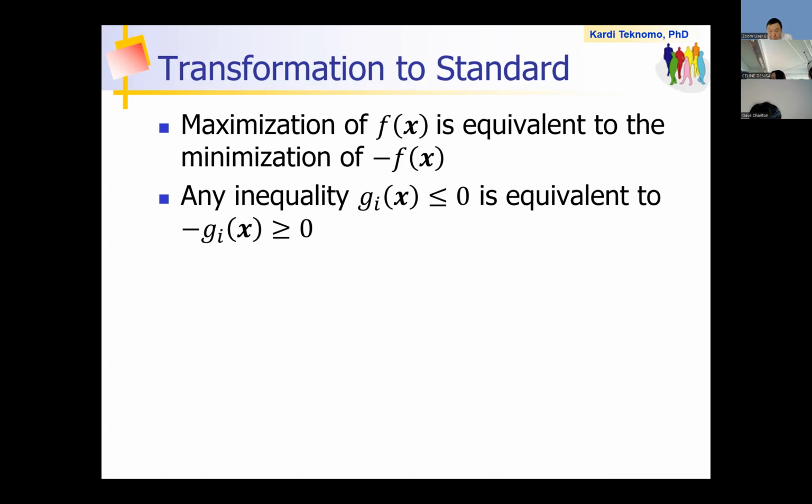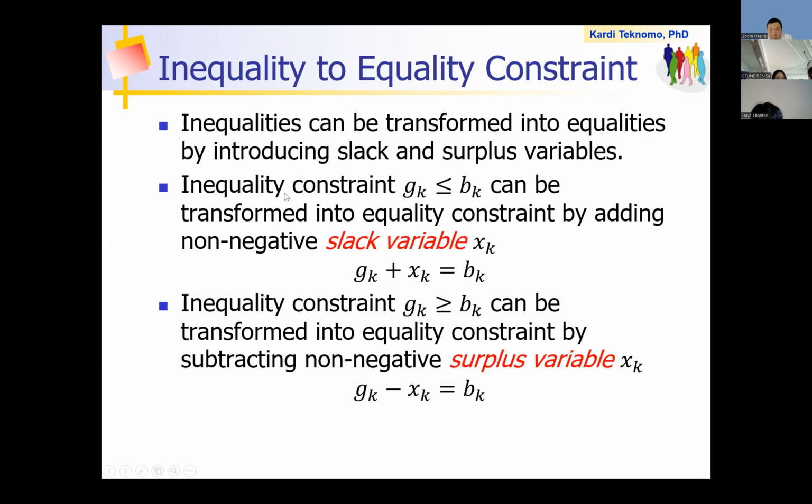Okay. So now from the inequality, you can also transform inequality, which is less than or larger than, into equality constraint. Why? So that you have a better standard form, which is only equality, without inequality.